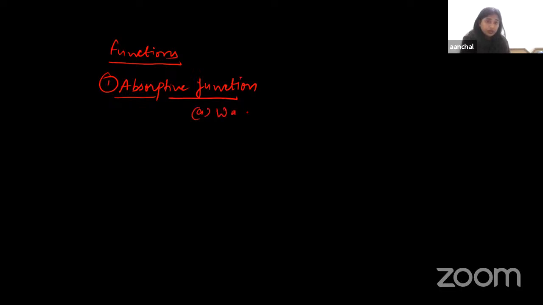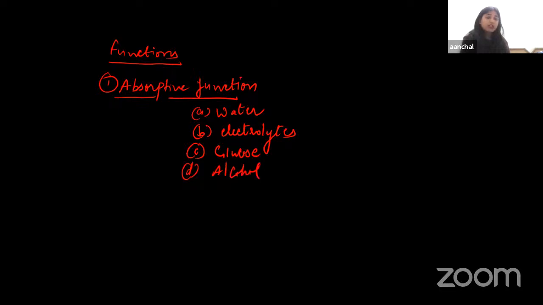Mainly the water absorption occurs inside the large intestine, then absorption of electrolytes, then organic substances like glucose, and some alcohol and some drugs are also absorbed. So the first and very important function is the absorptive function. Mainly the water gets absorbed inside the large intestine.